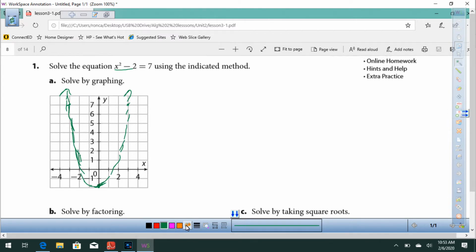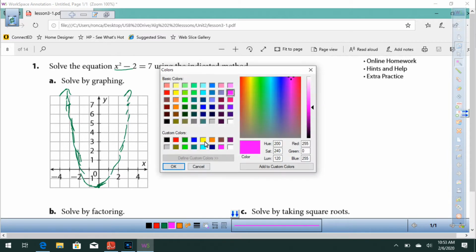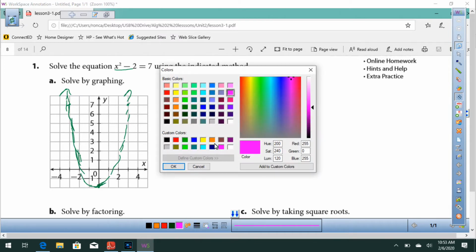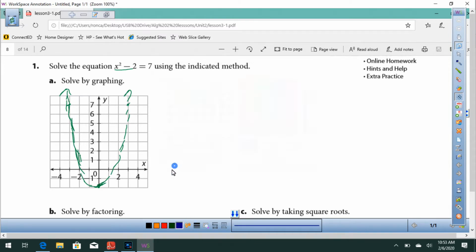And the equal 7 part here. That's not right.